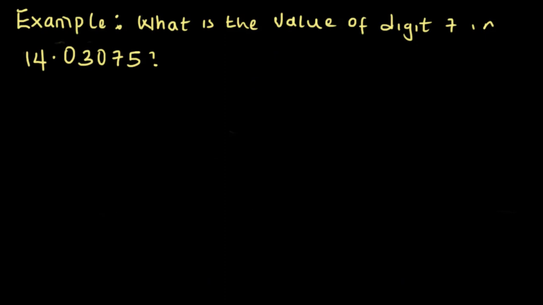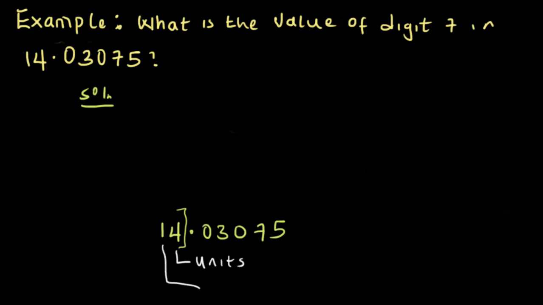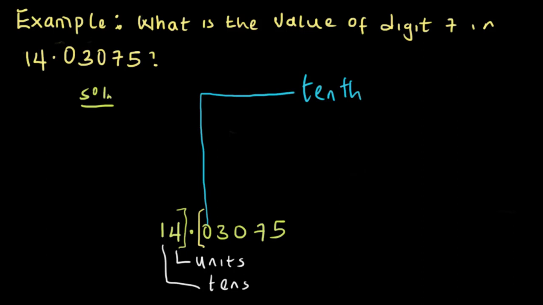So we have this question: what is the value of digit 7 in 14.03075? Now let's do this. We have 14.03075. Remember, before the decimal point, we do it normally. So we'll be having units with S, and then we'll be having tens. Can you see? Now after the decimal point, we go up, and then we are starting with what? Tenths with th. Does this make sense?